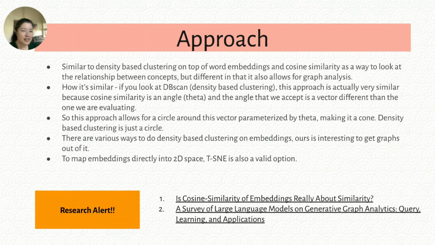One is a paper out of Netflix research, and they talk about cosine similarity and the potential flaws and pitfalls associated with it, even though in the ML community we've used it for a long time to get similarity measures.